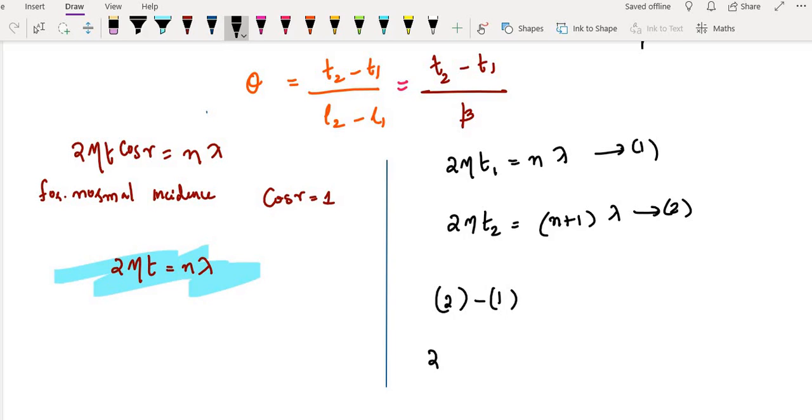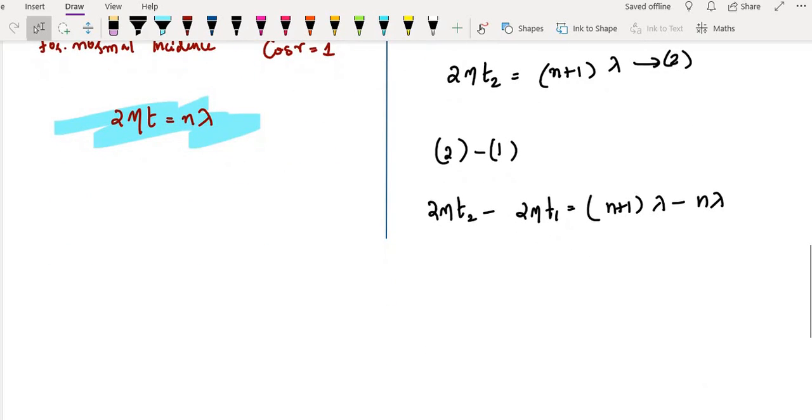So I have 2 mu T2 minus 2 mu T1 is equal to n plus 1 lambda minus n lambda.